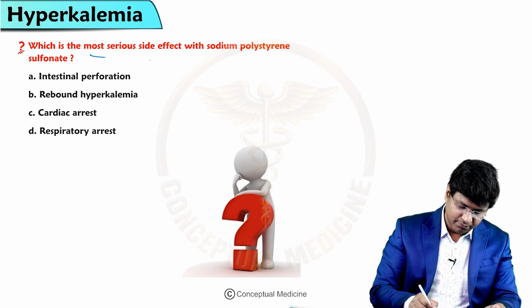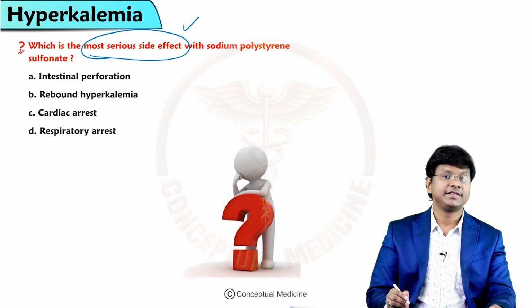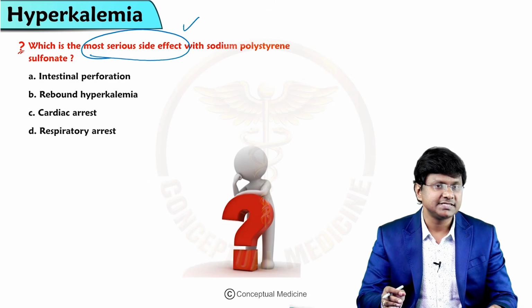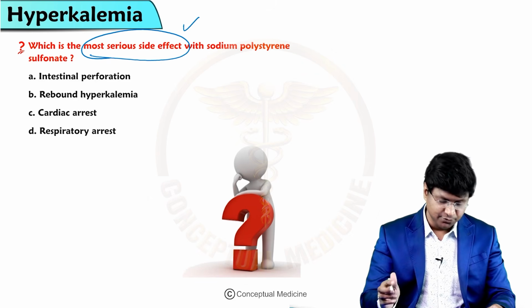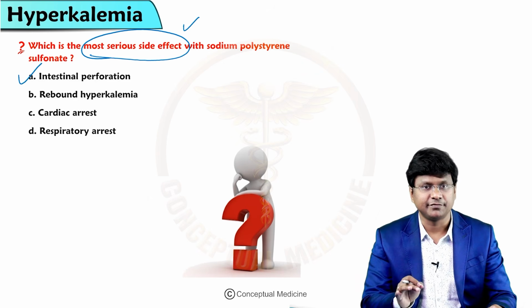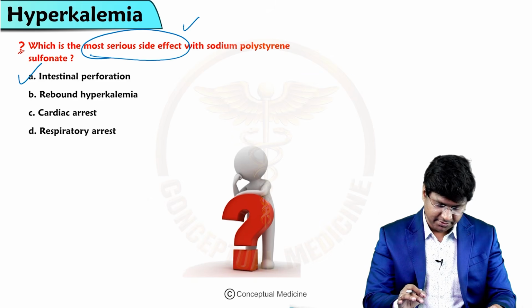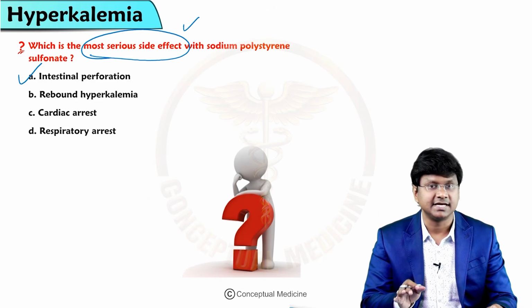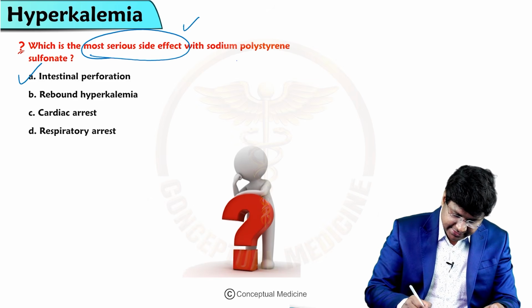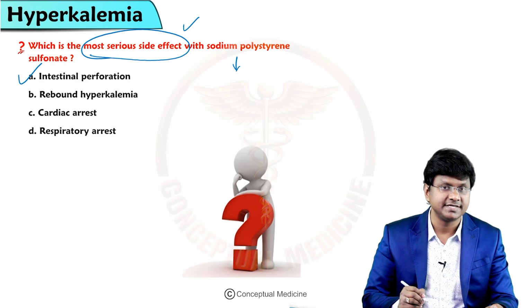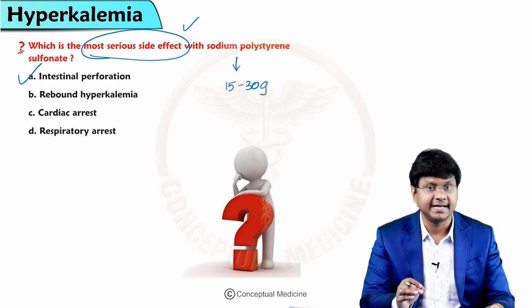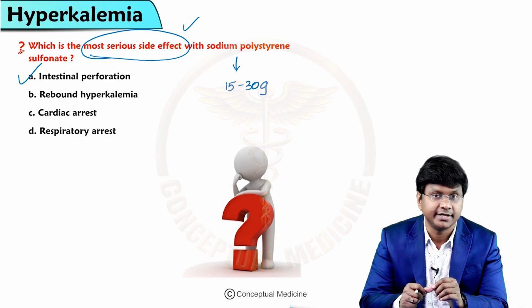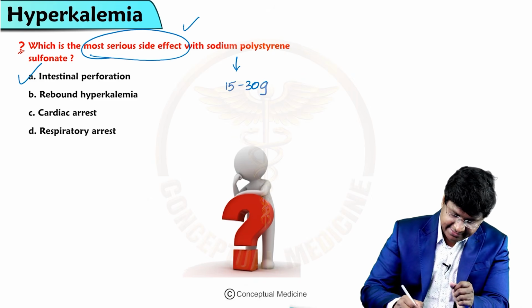Next, which is the most serious side effect with sodium polystyrene sulfonate? Intestinal perforation, rebound hyperkalemia, cardiac effect, respiratory arrest. Let me tell you, intestinal perforation is very common with sodium polystyrene sulfonate. And what is the recommended dose? Around 15 to 30 grams of sodium polystyrene sulfonate should be given, combined with 33% sorbitol.